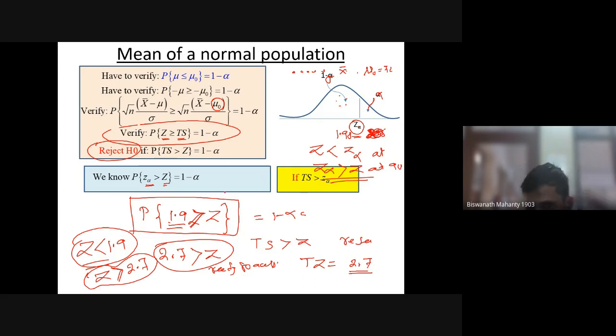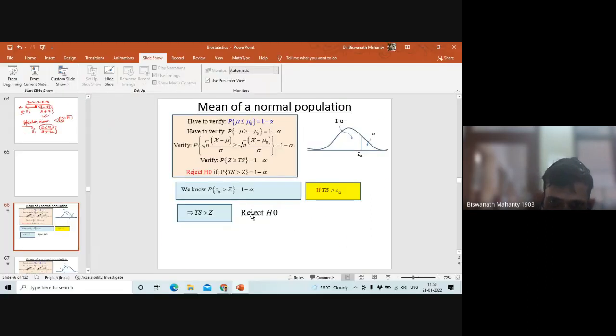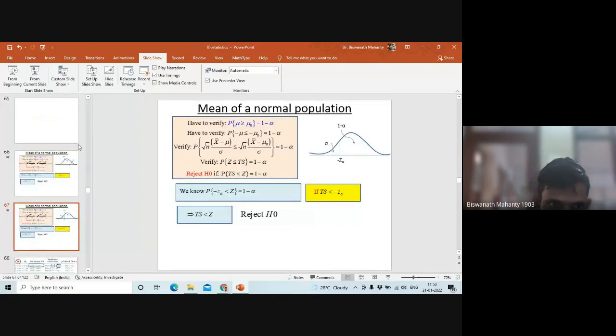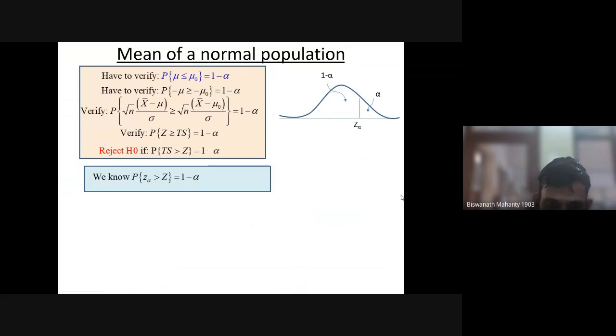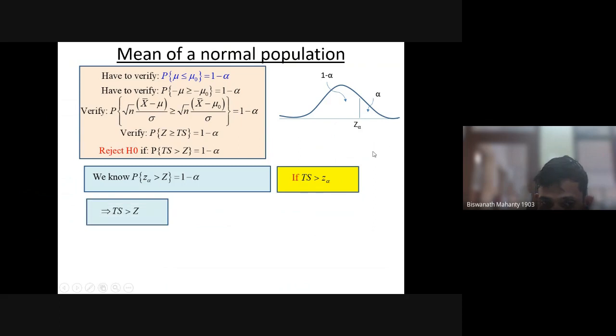So basically, this is the way comparison is done. It looks easier for understanding, but later on we will simply use the formula basis. Otherwise, every time you cannot really go and check. So hypothesis testing comes like this. I know Z alpha is greater than Z 1 minus alpha. If TS is greater than Z alpha, this 1.7 I was telling, or TS is greater than Z, reject the hypothesis. Am I clear?